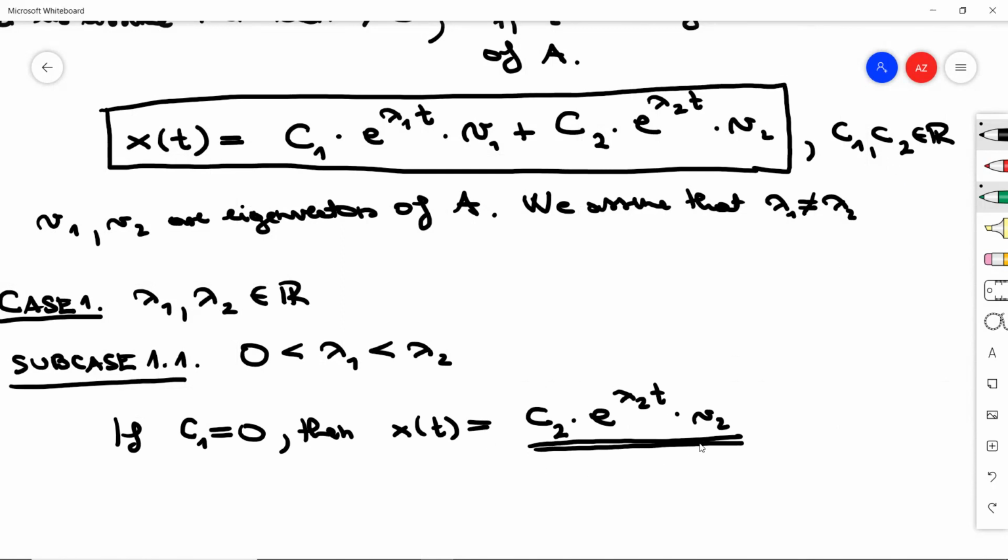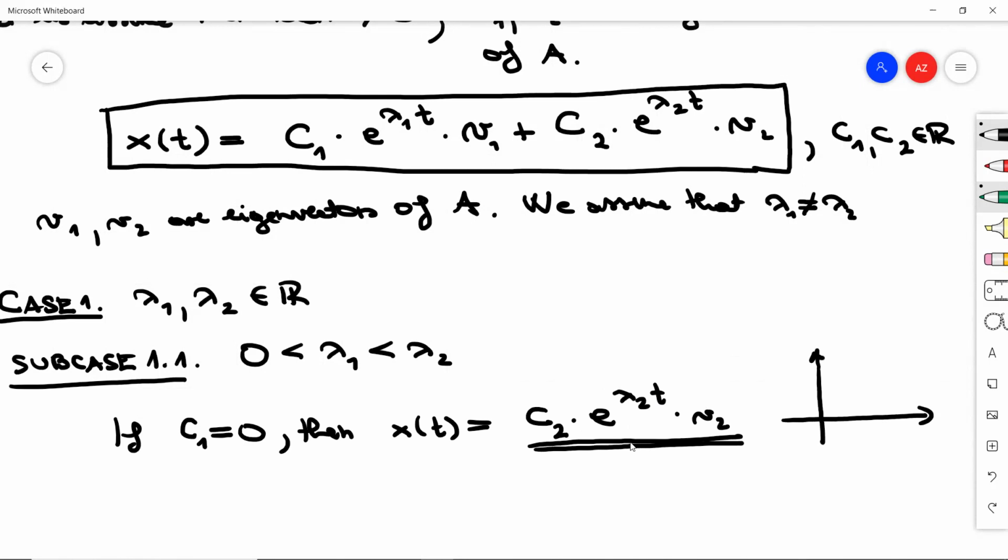This solution is a so-called degenerate solution because it's a line. It doesn't change its shape. The part which changes is only e to the power of lambda 2t. As t varies, this part changes, but it only means that we are changing the size, the length of this vector V2, which means that all the time we are on the line.